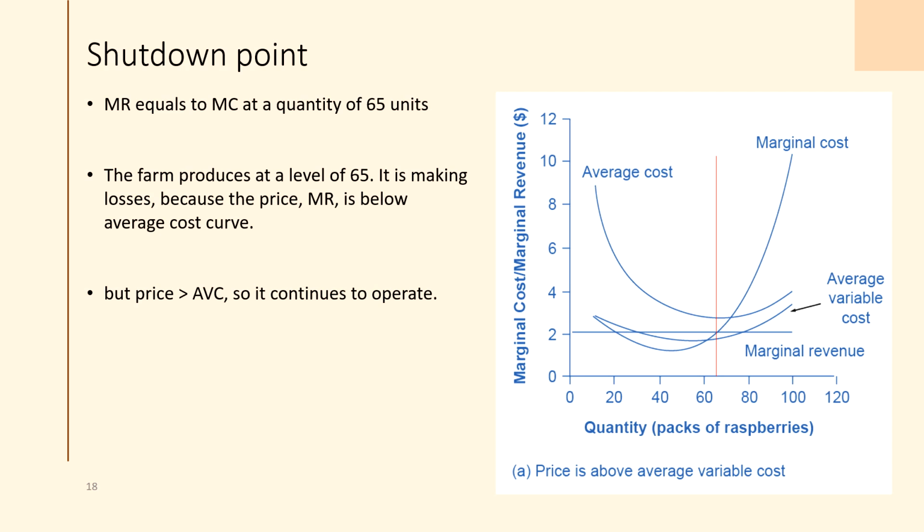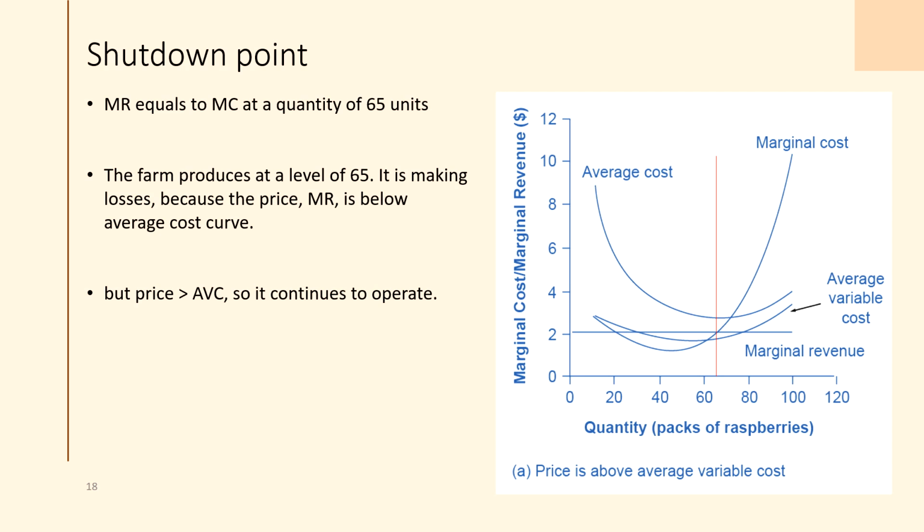Now let's carefully look at this situation. In this case, the firm is still producing at the level where marginal revenue equals marginal cost, which is the profit maximizing output. However, when we compare the market price with the average total cost, we find that price is lower than average total cost.